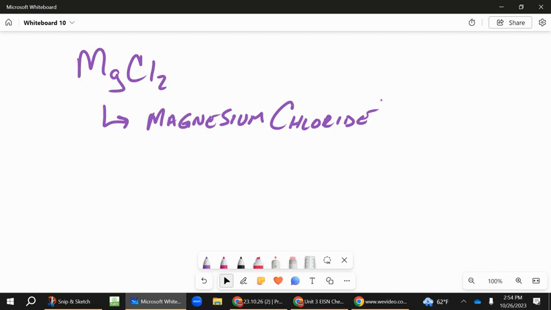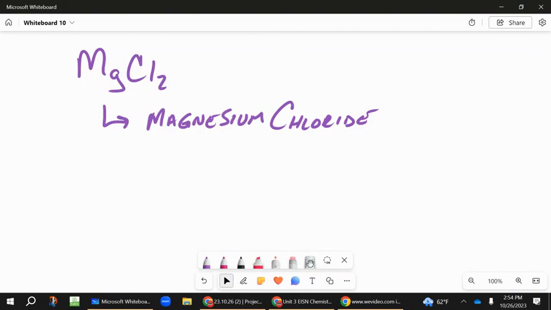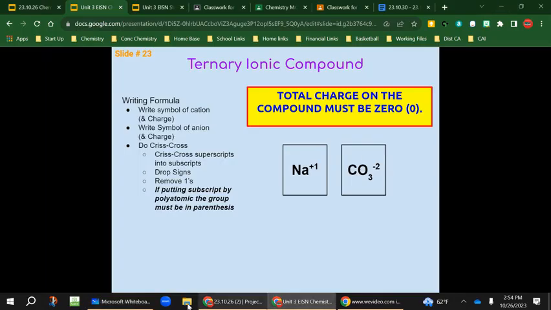We didn't worry about the 2 when we wrote these names. We're not going to worry about the CO3. The CO3 group is carbonate, so there's no reason to try to identify that there's a 2 Na. We know that because we have to balance off charges. Wonderful, excellent, great. Good job.